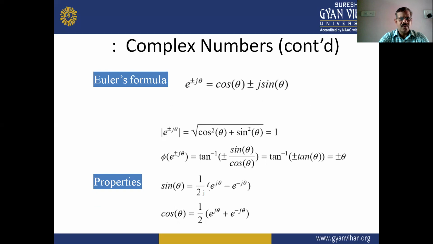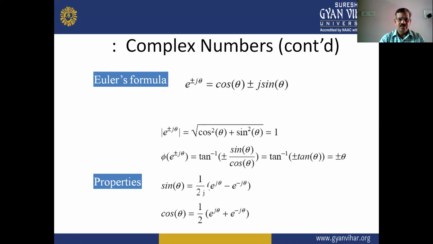Here is Euler's formula. e to the power plus or minus j theta equals cos theta plus or minus j sin theta. And what is the magnitude of this function? The magnitude of e to the power plus or minus j theta equals the square root of cos squared theta plus sin squared theta, and this equals 1.